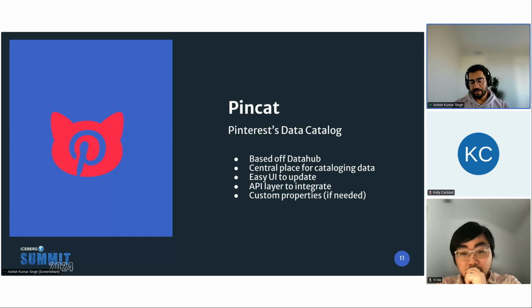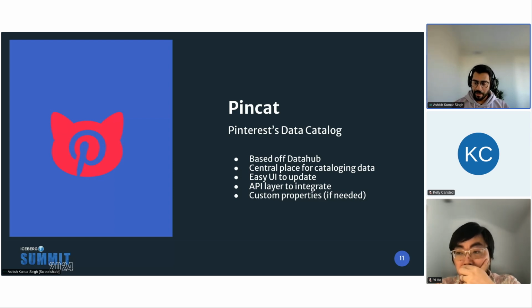And this today has already become a central place for cataloging data sets at Pinterest. It provides an easy UI for different data set owners to go in and update information like description, ownership, retention, and a bunch of other things about the data sets.